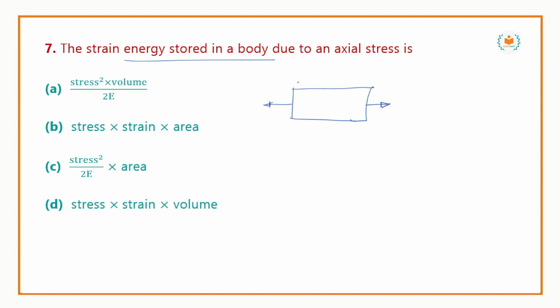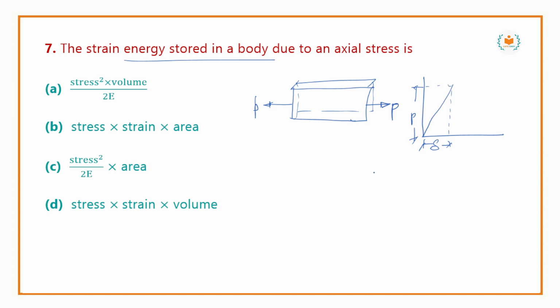You can take the dimensions of the body like this. It is the stress, small p, that you can consider. When you plot the load versus deformation curve here, it will be like this. This value is taken as delta and this value will be the load.